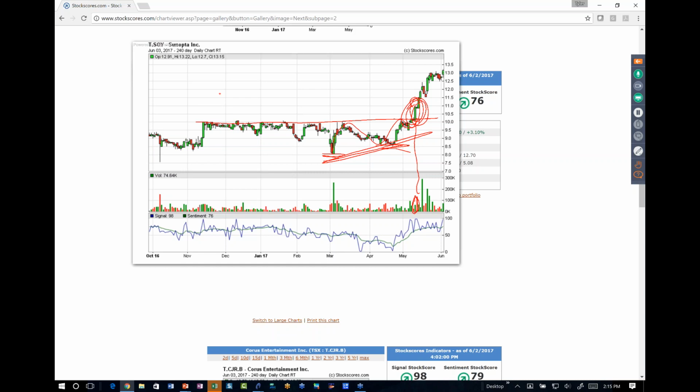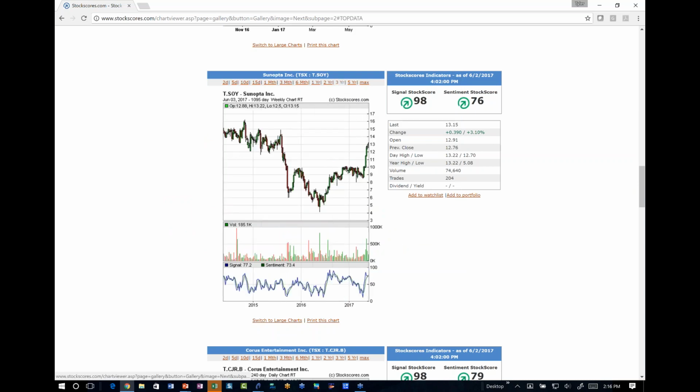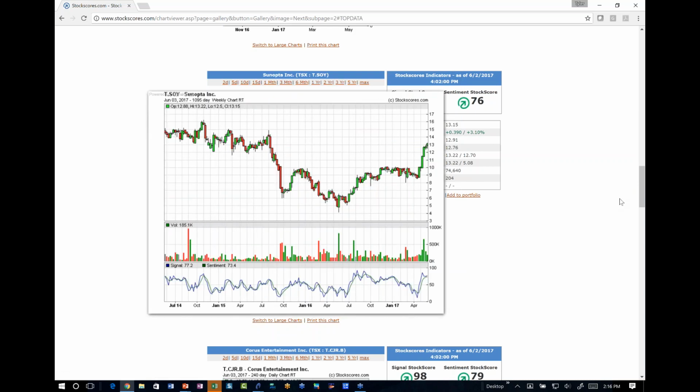Now, if I look at that on a 3-year weekly chart, I can see a problem. The problem is that it's going to find resistance at an old inflection point, because there is pretty strong resistance right here. Everyone see that? Now my downward trend line was actually broken, so that was okay.